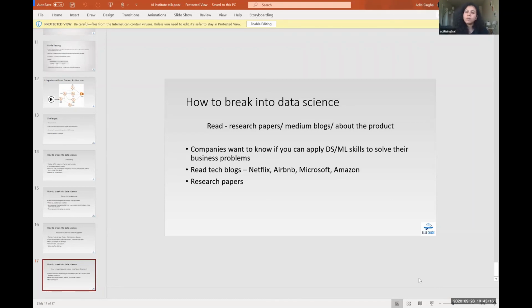There are a lot of roles in Amazon which require you to have some experience with productionizing your model, but there are many roles that just ask you for basic machine learning knowledge. So just don't have hard boundaries of roles in your mind right now. Keep looking for different roles, look at their job description and apply.